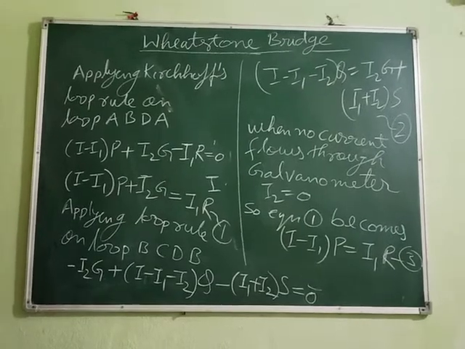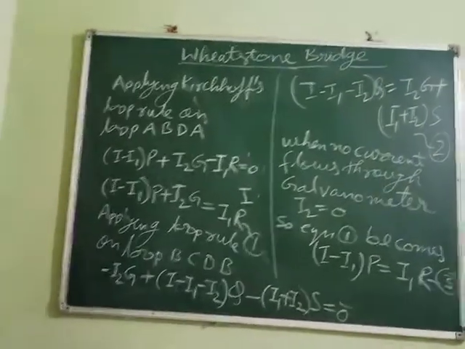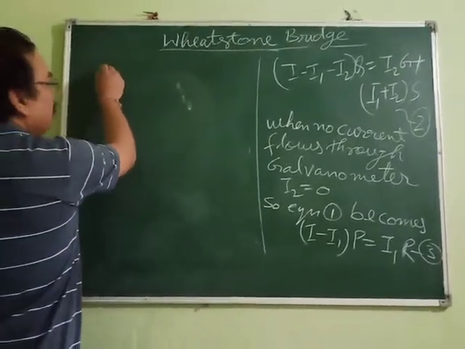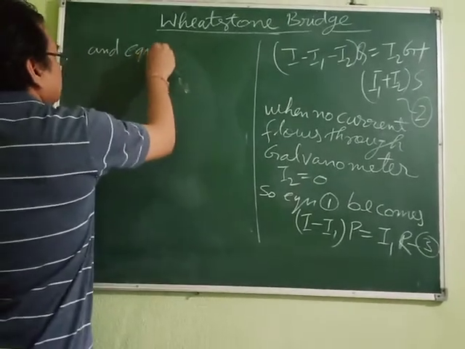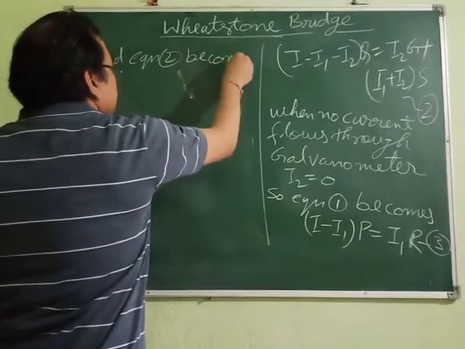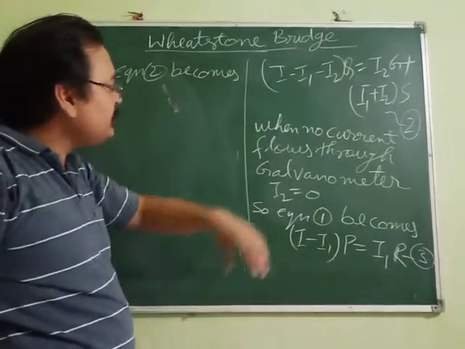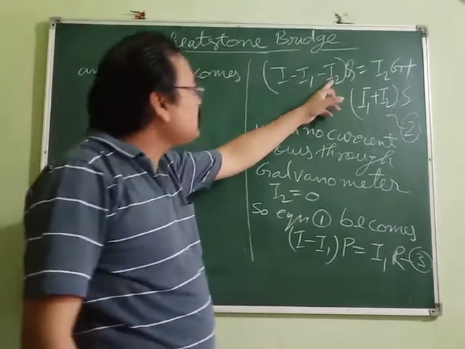Now, let's see what equation 2 becomes when I2 is 0. You place I2 as 0 here, so this I2 will disappear.